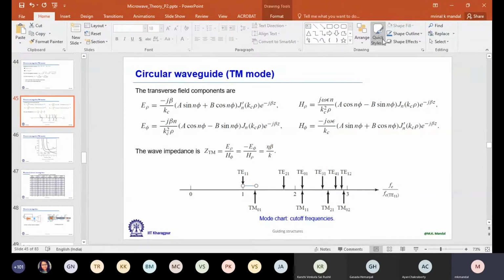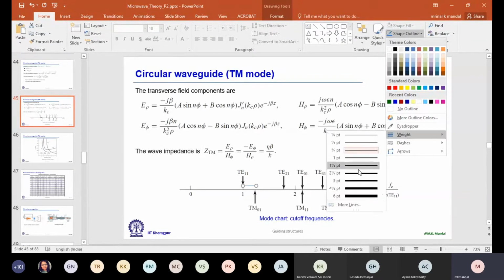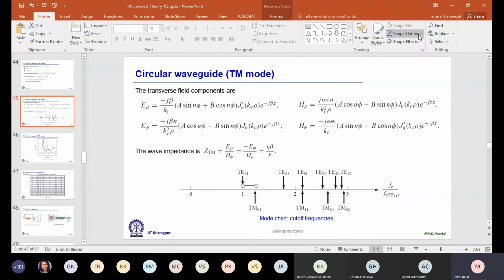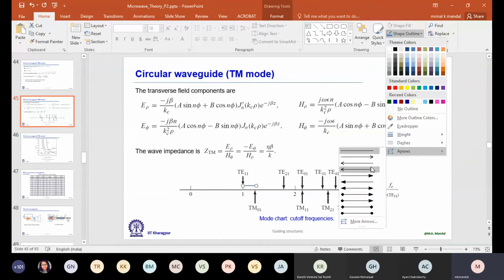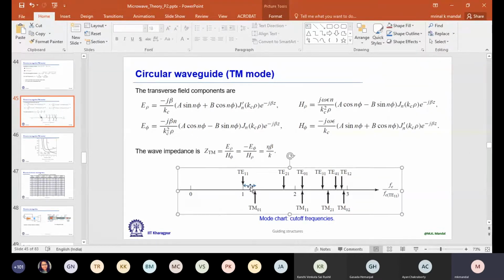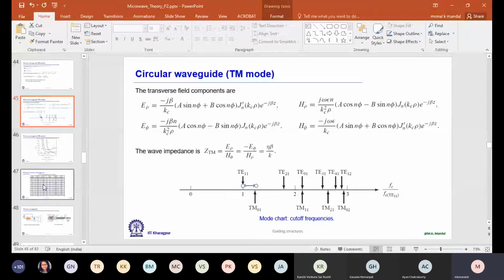So it creates the problem. I'm representing it by an arrow. Only this region will be the effective bandwidth. So this is very small. That is the problem. On the left-hand side we start from 1.25 times the cutoff frequency, and we go until the TM01 mode can appear.